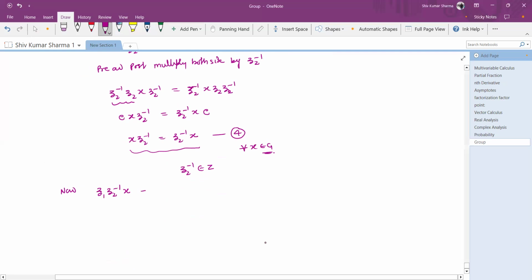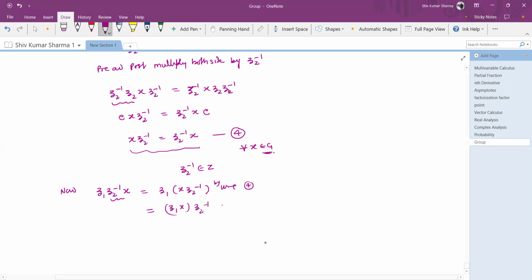So this we can write as z1 into x, which can be written as x into z2 inverse by using equation number 4. So using 4, we can write this as z1 into x into z2 inverse.